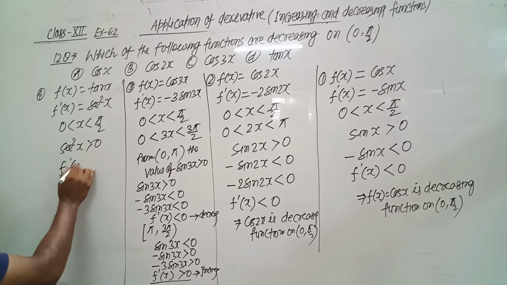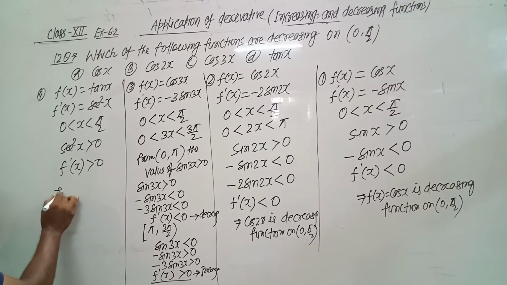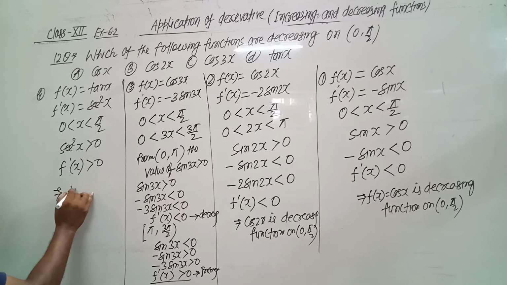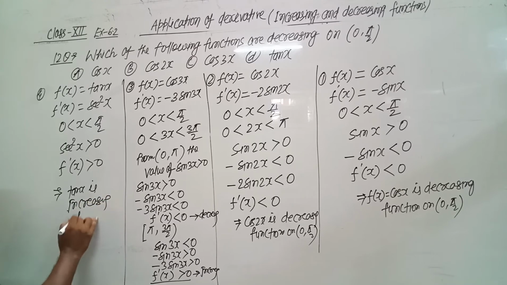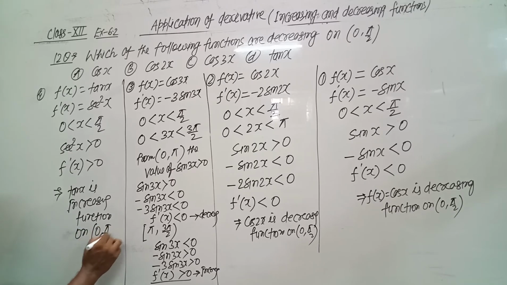So f dash x is greater than 0. This implies tan x is an increasing function on interval 0 to pi by 2.